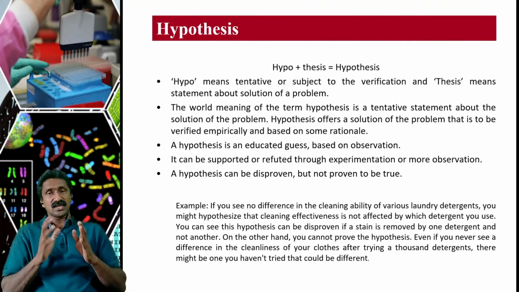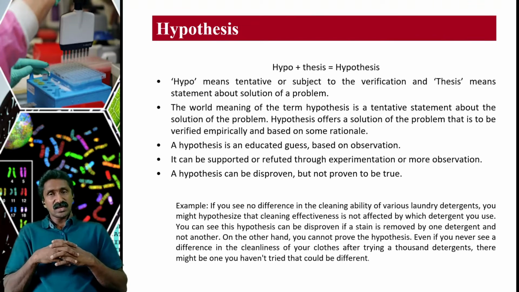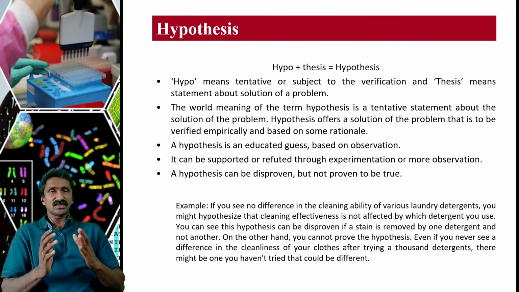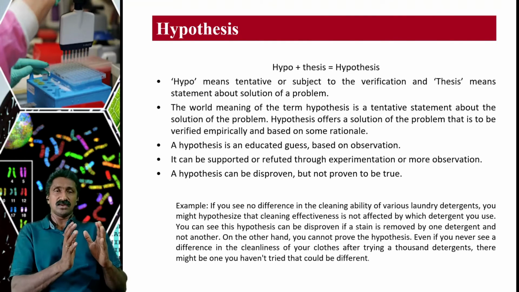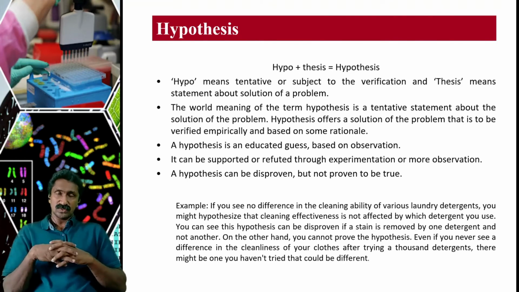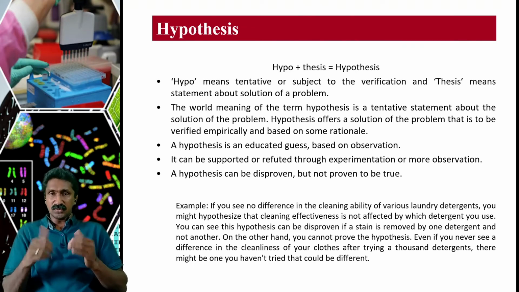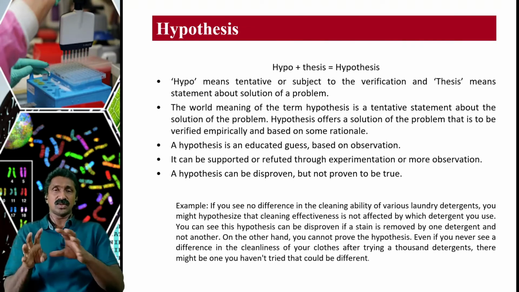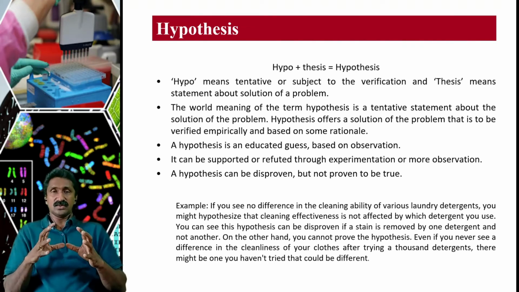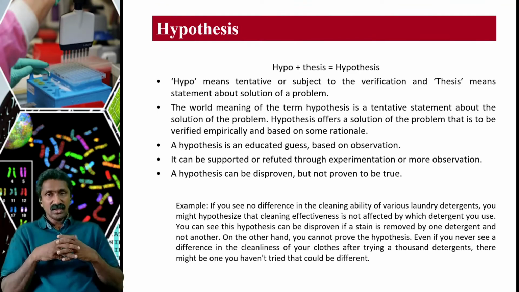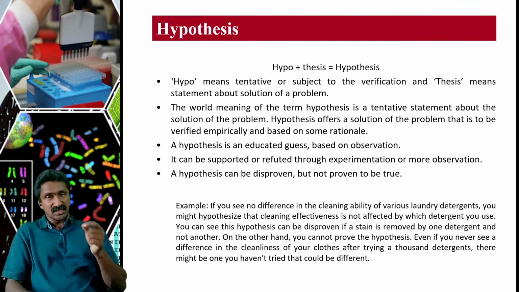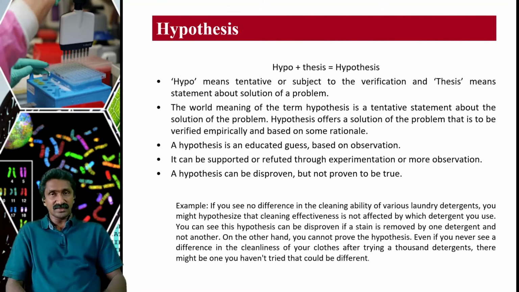Example, if you see no difference in cleaning ability of various laundry detergents, you might hypothesize that the cleaning effectiveness is not affected by which detergent you use. Maybe you select 10 different detergents and hypothesize that these 10 detergents are not much different. They are all the same. The hypothesis can be disproven if a stain is removed by one detergent and not by the other.